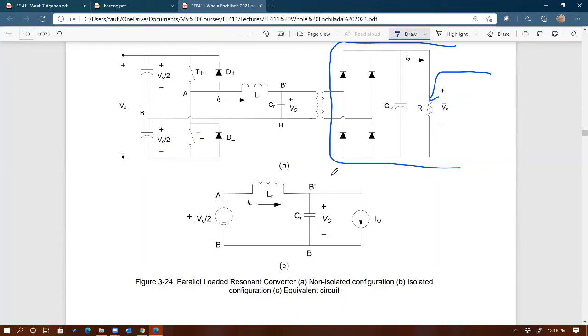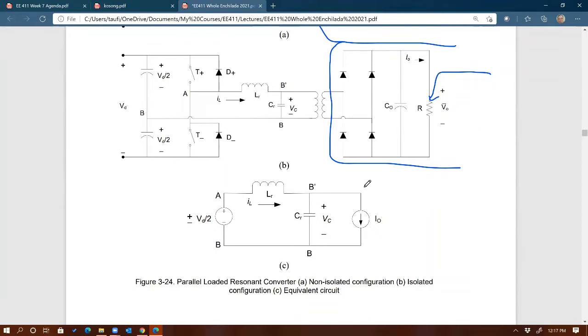And let's see, the difference between this one and the previous one is that here we have several modes as well, right? Discontinuous conduction mode, continuous conduction mode number 1, and then continuous conduction mode number 2. And within each mode, you get different states of the circuits, right? And in series loaded resonant, almost all the circuit states are resonant circuits, except for DCM, when none of the devices is conducting.